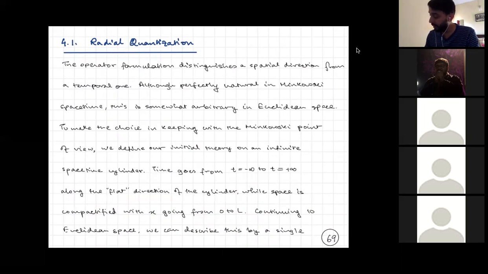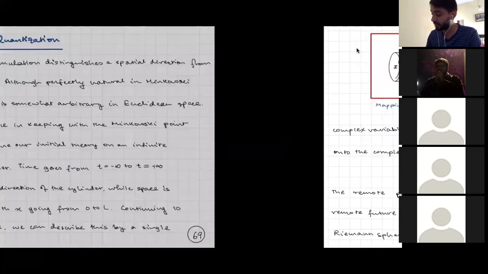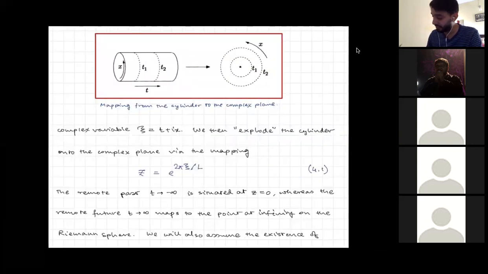Okay, so if you want to continue to Euclidean space, we can describe all of this by a single variable xi, which we will call t plus ix. And now, as we did before, we're going to map this particular cylinder onto the plane.